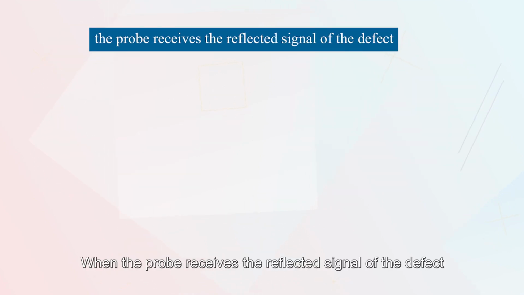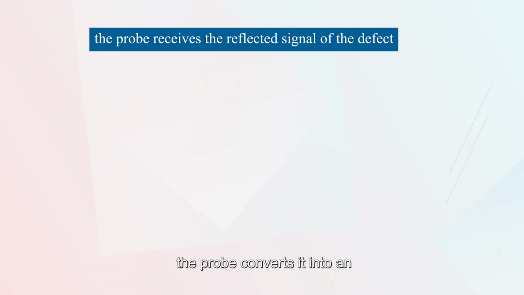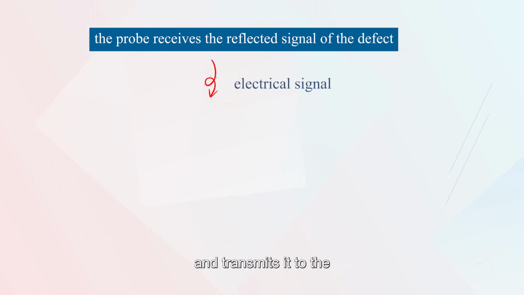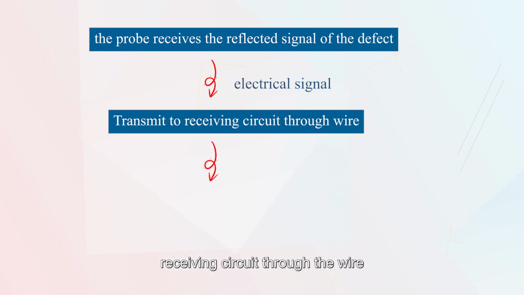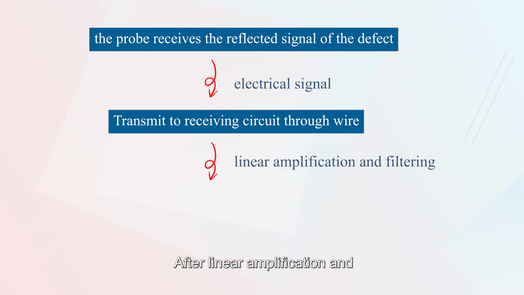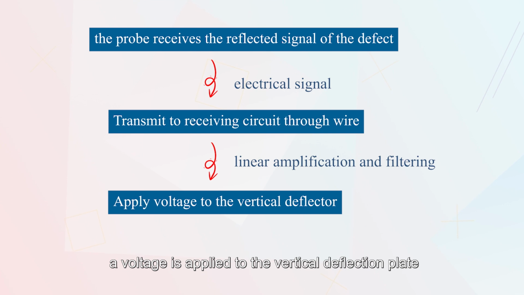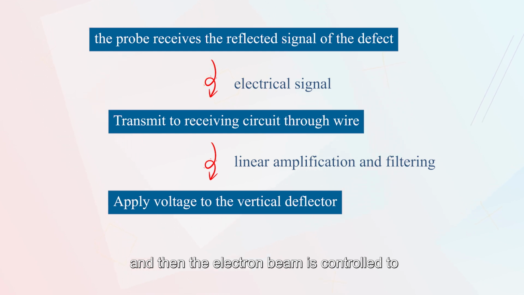When the probe receives the reflected signal of the defect, the probe converts it into electrical signals and transmits it to the receiving circuit through the wire. After linear amplification and filtering by the receiving circuit, a voltage is applied to the vertical deflection plate, and then the electron beam is controlled to scan in the vertical direction.